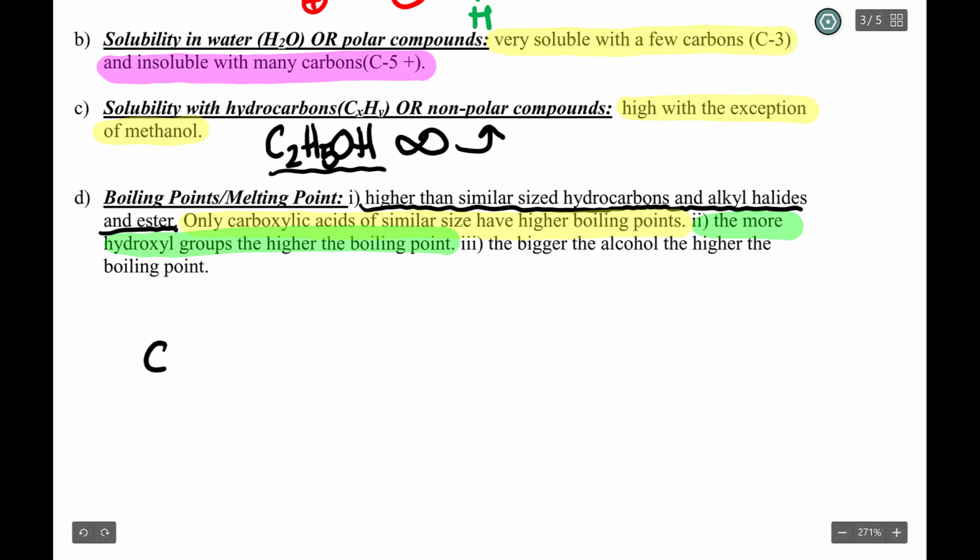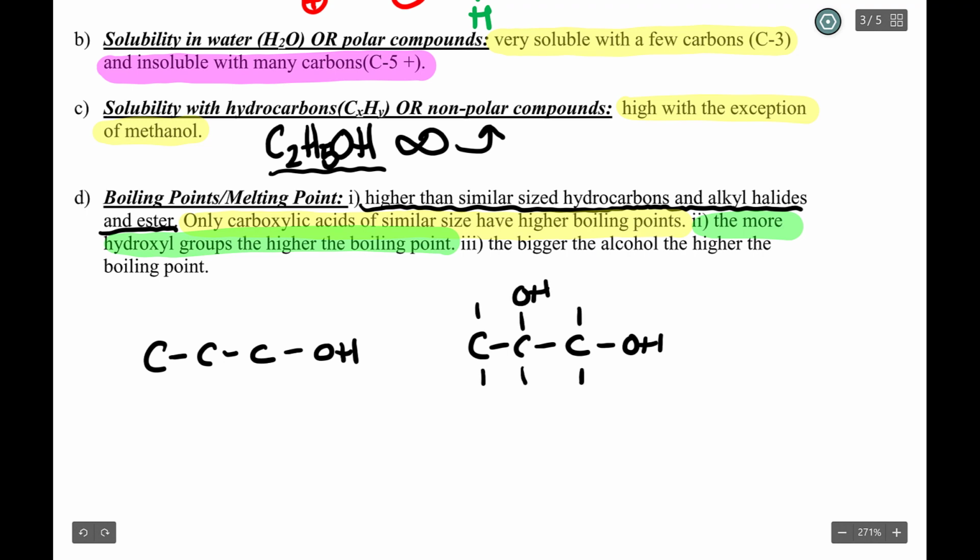So for instance, if I had 3 carbons with an OH group and I compared that to 3 carbons with 2 OH groups, of course there's going to be hydrogens here as well. And then I compared it to something that had, say, 3 alcohol groups.